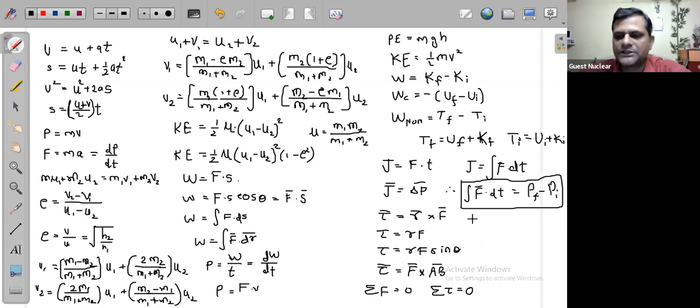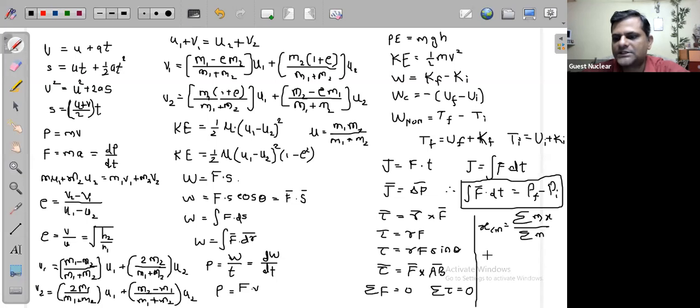And also we have seen the concept of center of mass. The center of mass of a 2-particle system, 3-particle system, and n-particle system have already been derived in the last lectures. The x coordinate of the center of mass is the summation of mi xi divided by the summation of mi.